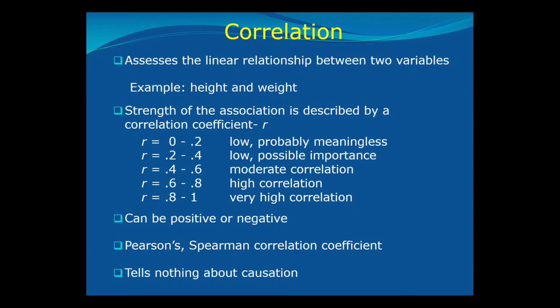From 0.4 to 0.6, there is a moderate association between variables. From 0.6 to 0.8, high correlation, and if the correlation coefficient varies from 0.8 to 1, there is very high correlation.